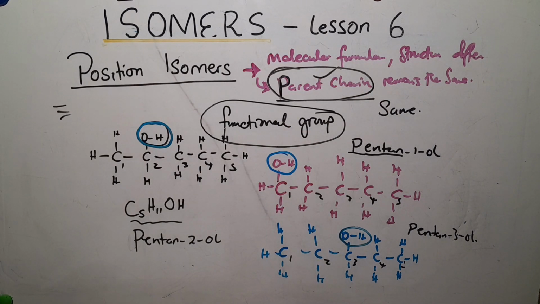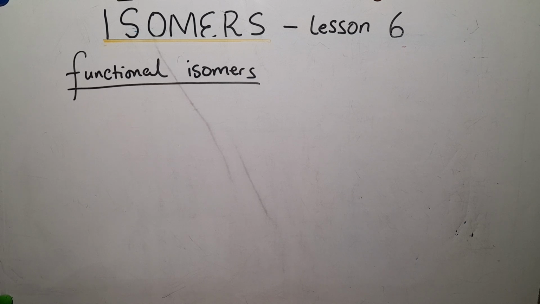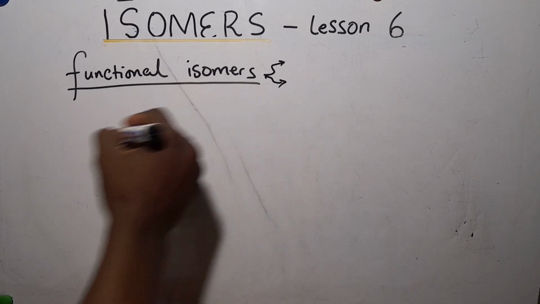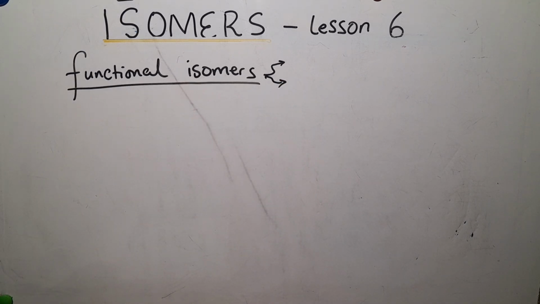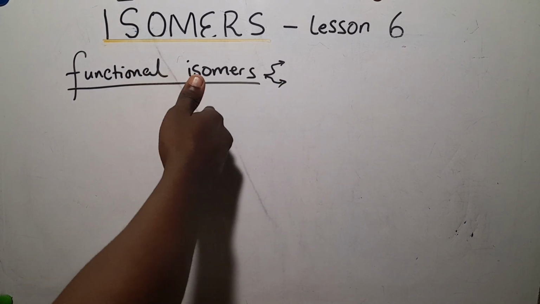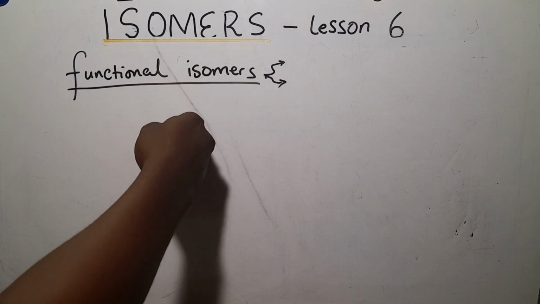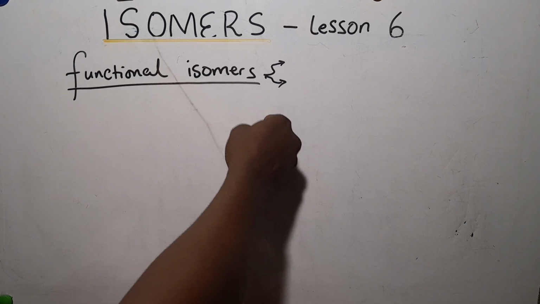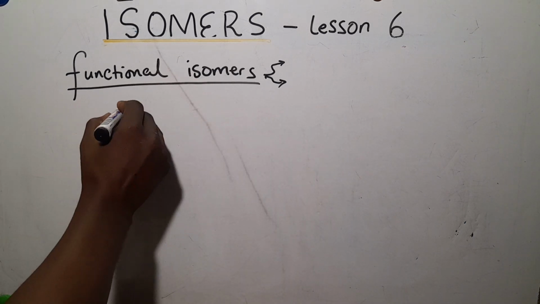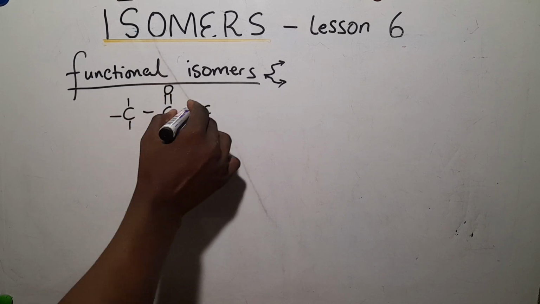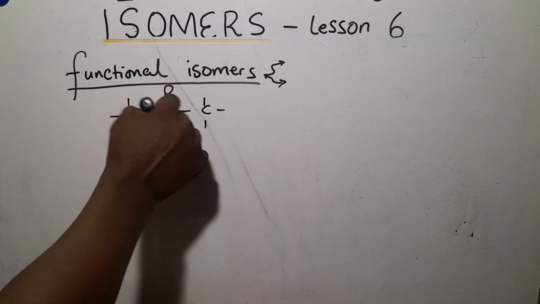Those are position isomers. So now let's go to functional isomers. Functional isomers are a bit similar to position isomers. But now what happens? On position, when we are moving the functional group around the chain, sometimes, just like you know that ketones, they're having something like this, with the double bond O, right?